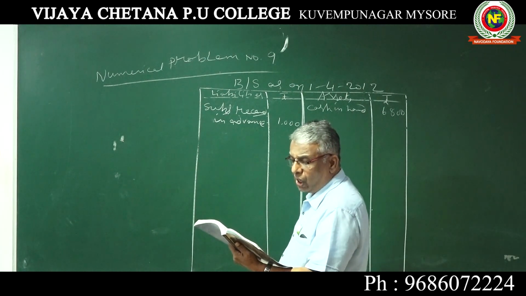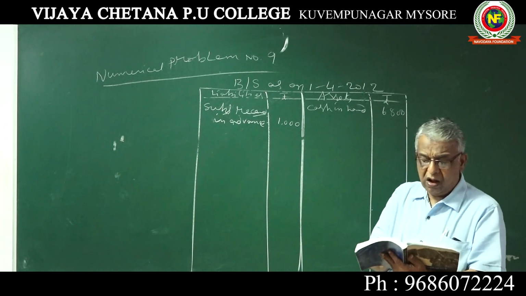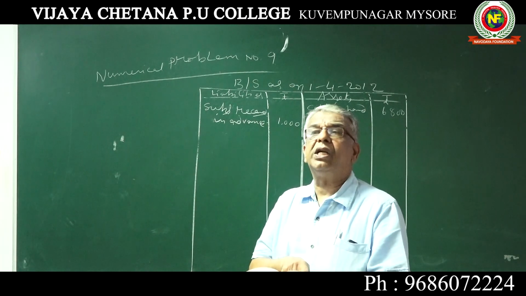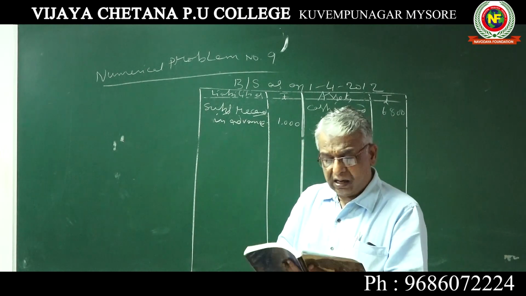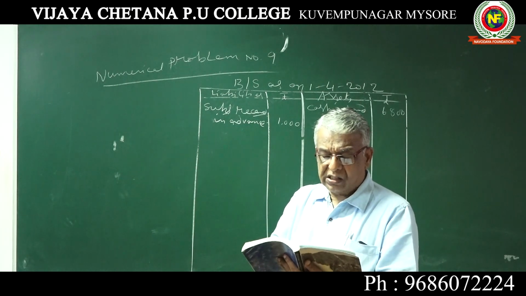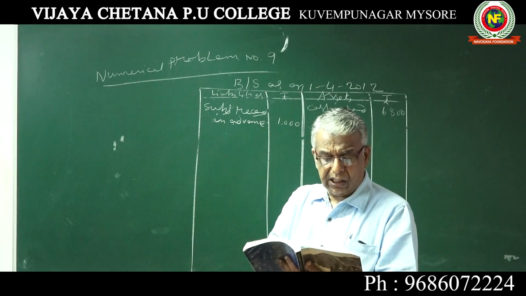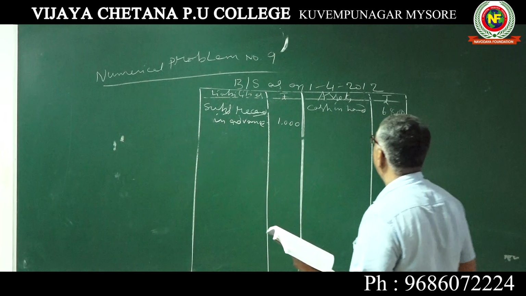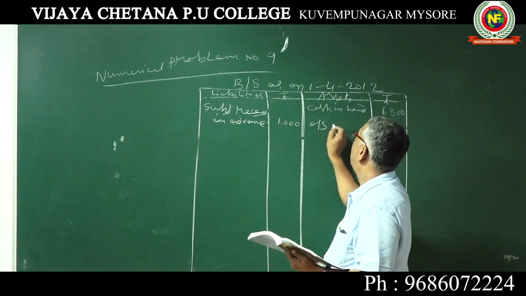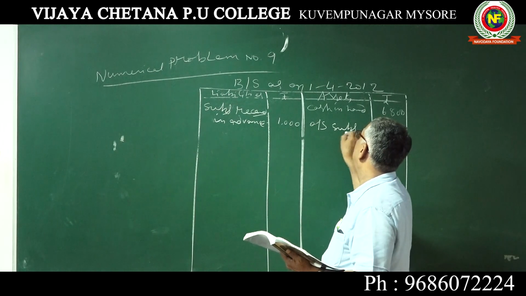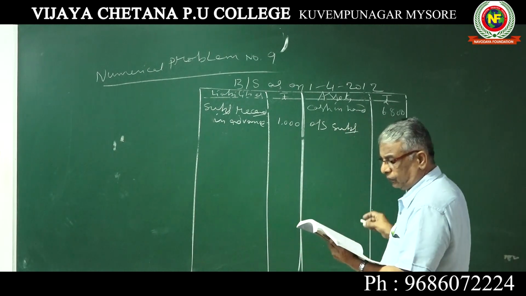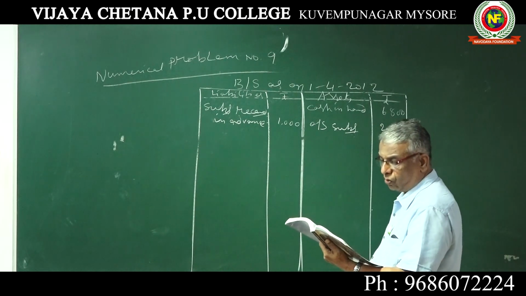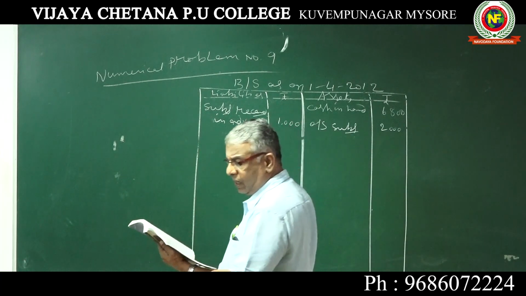And then outstanding subscriptions. As on 1/4/2012, outstanding subscription, that is subscription earned but not received, income earned but not received, 2000 rupees. So here we have to take into account outstanding subscriptions 2000 rupees, and 3700 is outstanding for the current year.